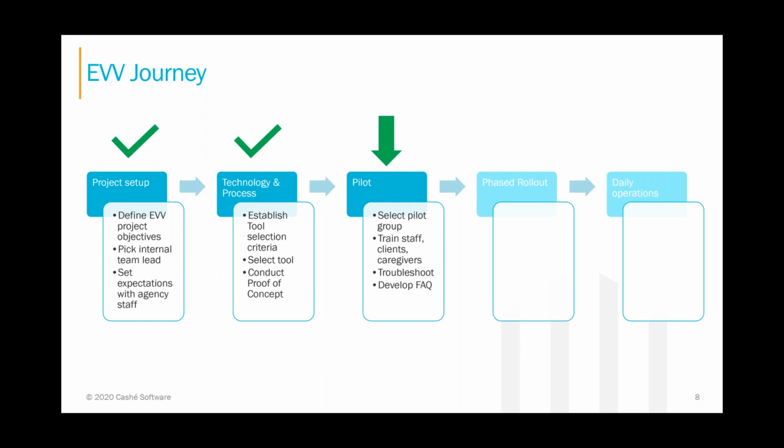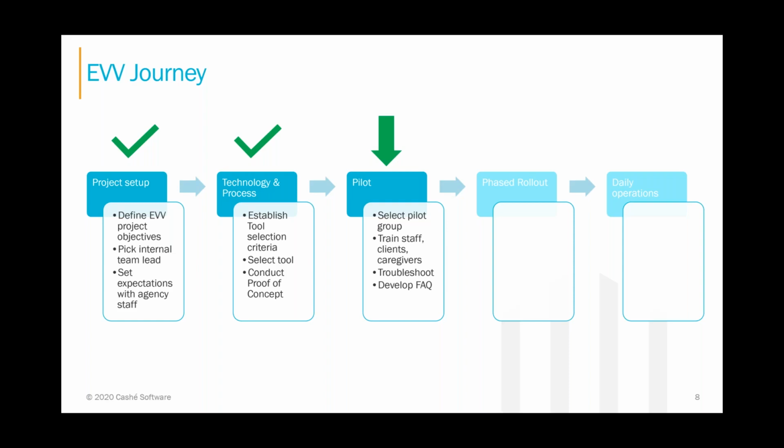Technology and process. In the last webinar, we talked generally about how you go about picking a tool, testing a tool, doing a proof of concept, and we kept it somewhat generic because that webinar was not just for people of Pavilio or Cashier products, but for anyone.